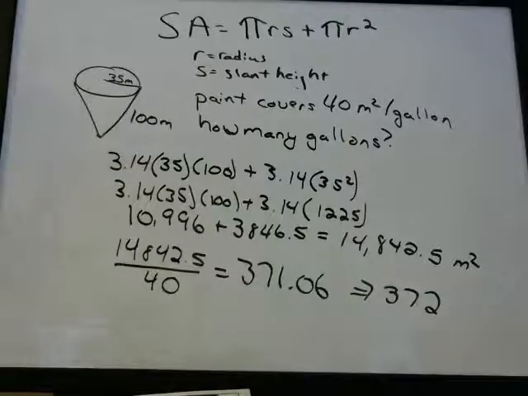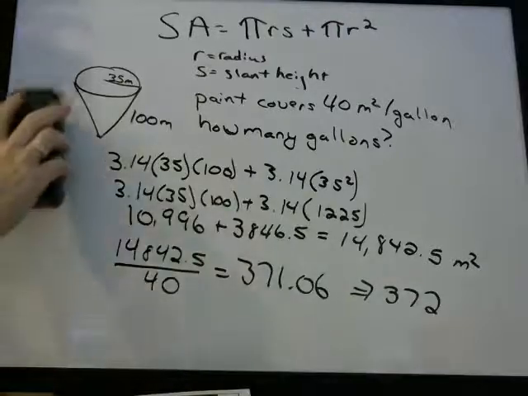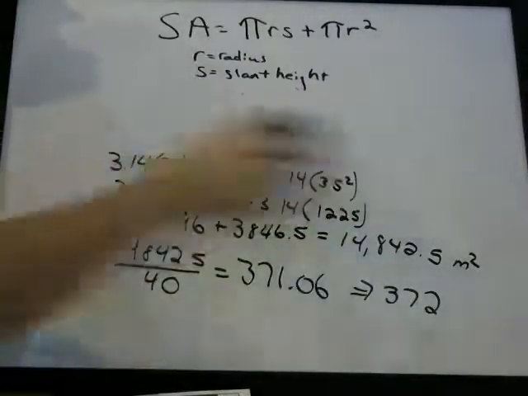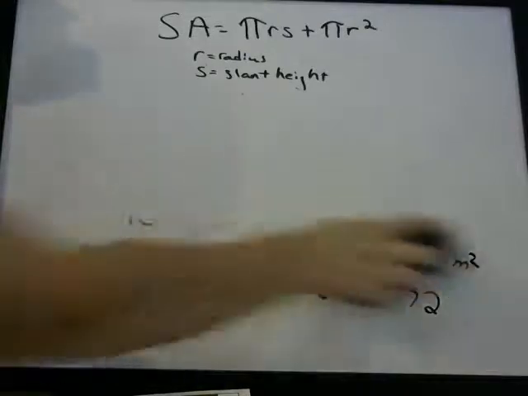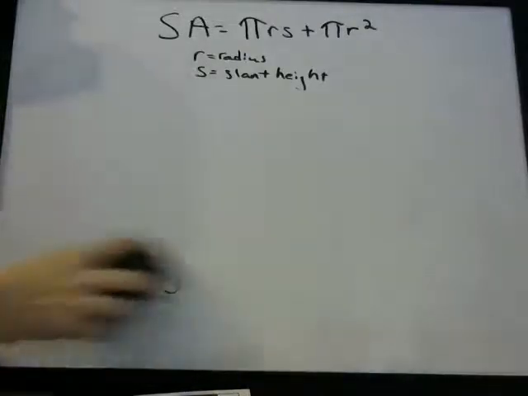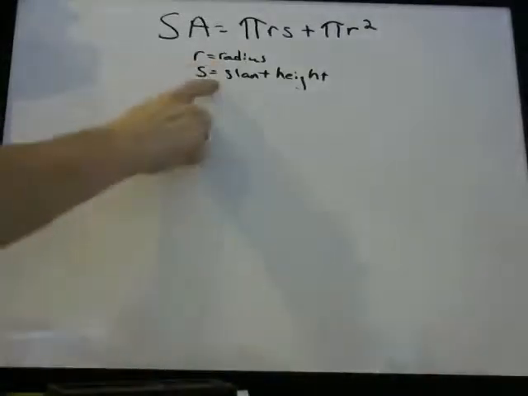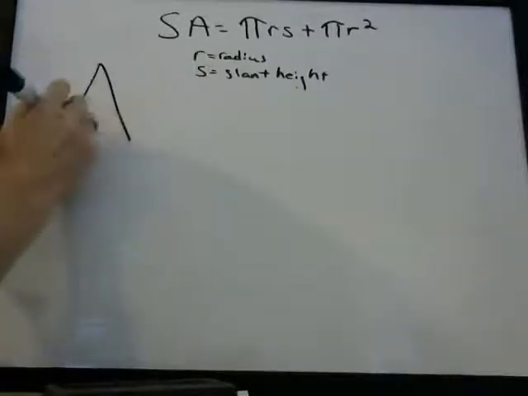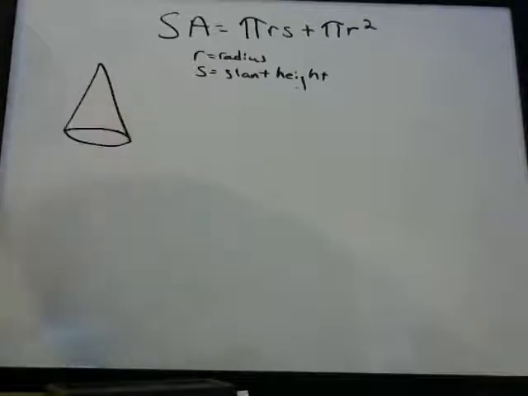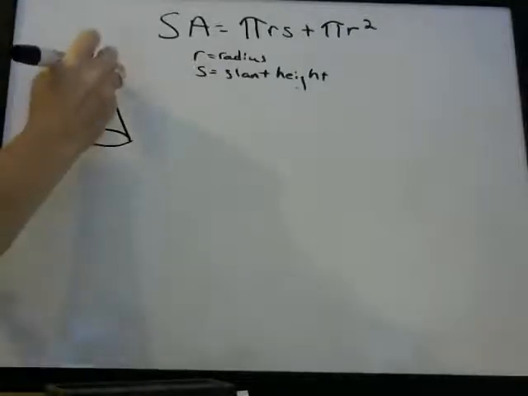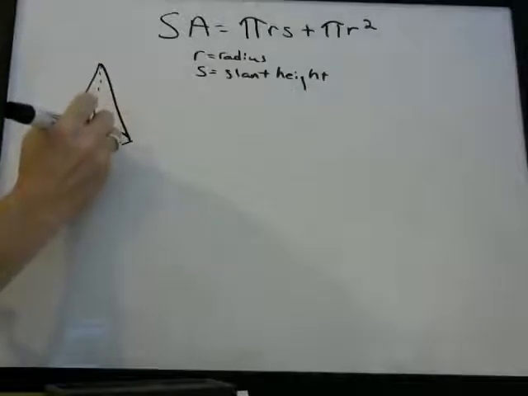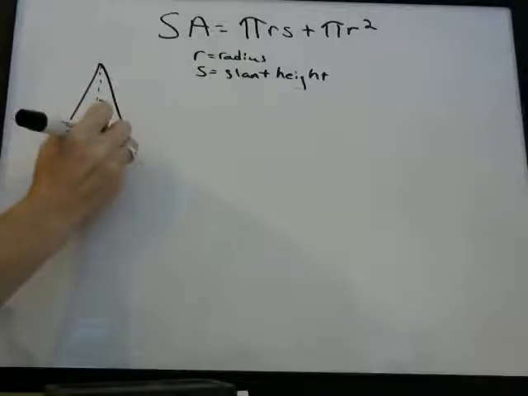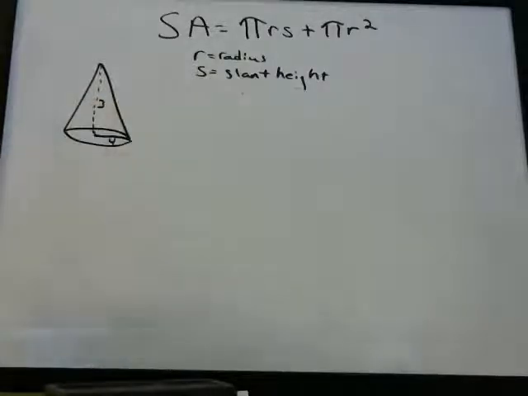We're going to do one more question that's going to be a little bit harder. So remember that in our formula we want the slant height, not the height. But what if they give us the height instead of the slant height? And so they tell us that the height is 3, the radius is 4.